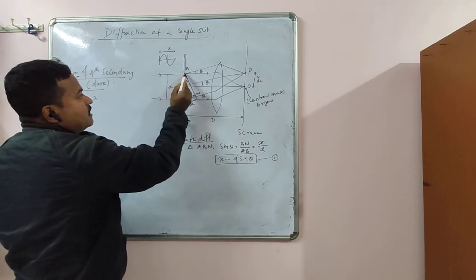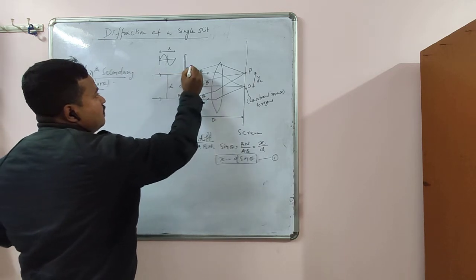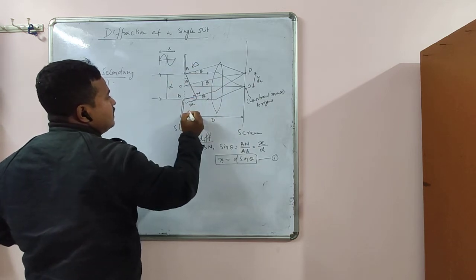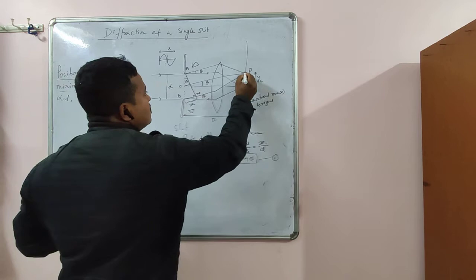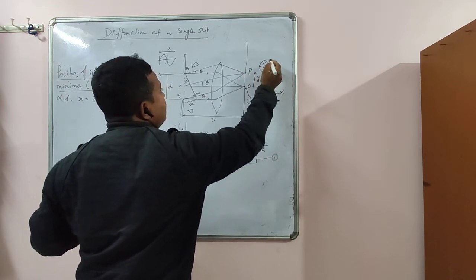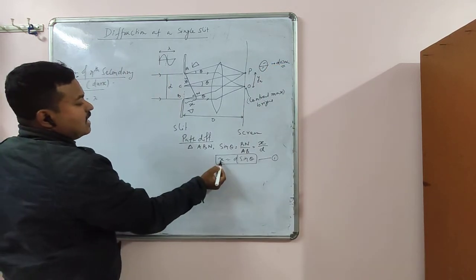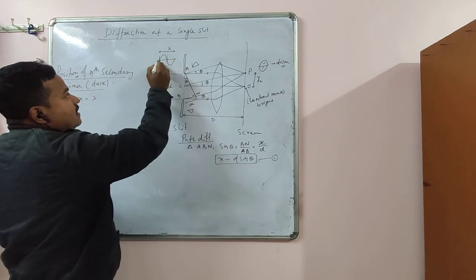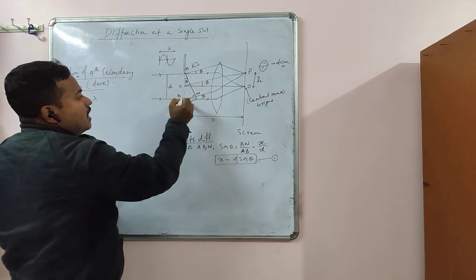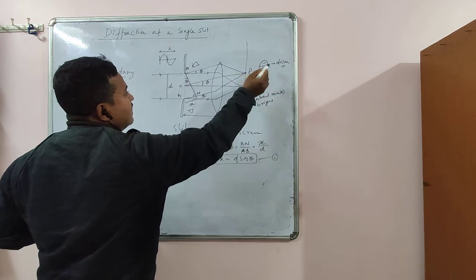So suppose from this part the crest moves and from this part the trough moves. When they meet at this point P, they are in opposite phase. One crest, one trough, that gives you dark. So if the path difference x is lambda, the slit can be assumed to divide into two halves, and when they meet at point P, they meet in opposite phase and that gives you dark.